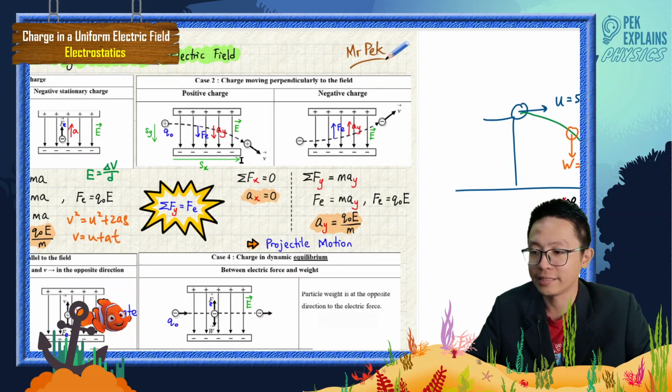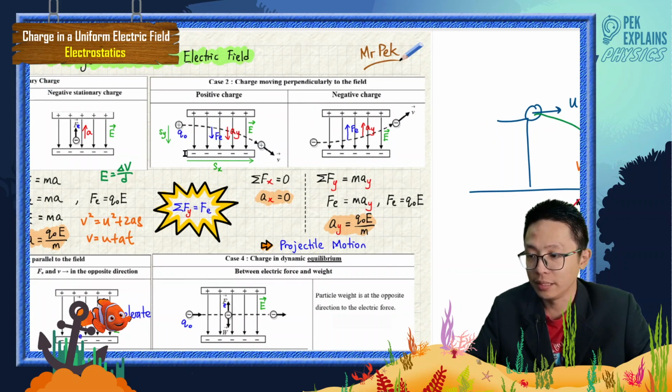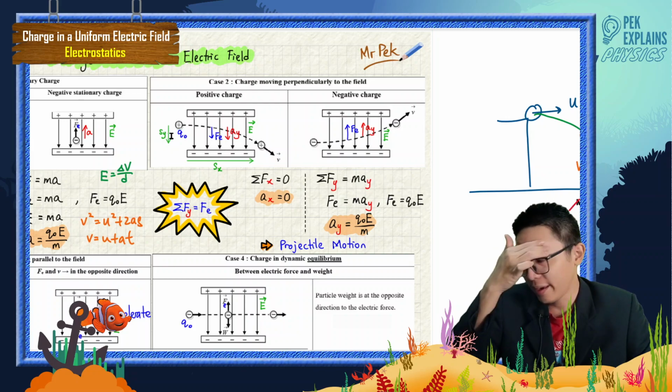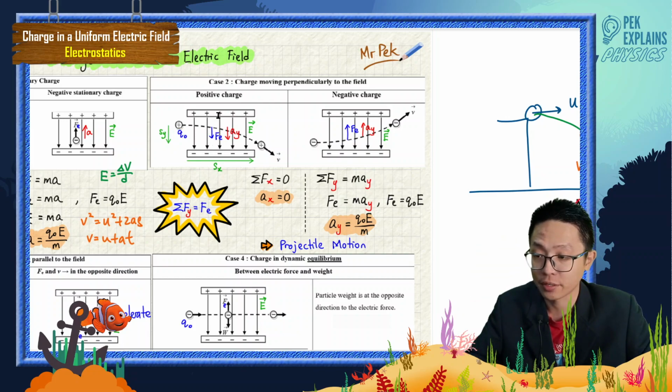Sx is actually the length of the parallel plate, how far the distance travelled horizontally, and Sy is not necessarily the separation between the parallel plates.